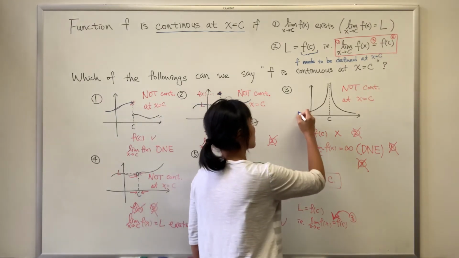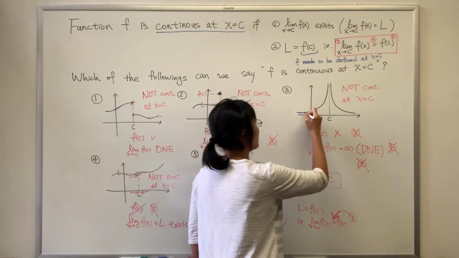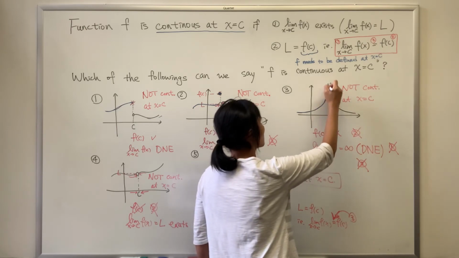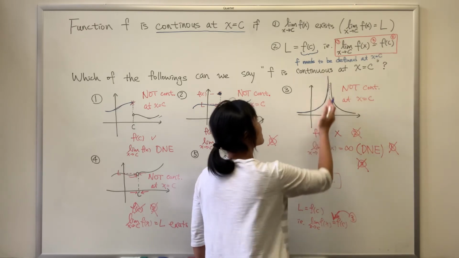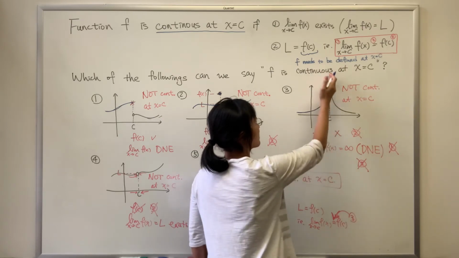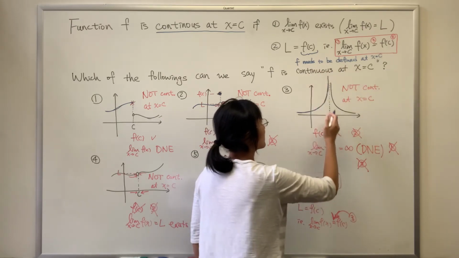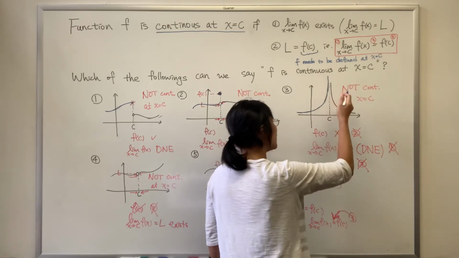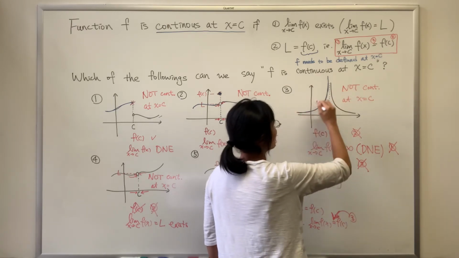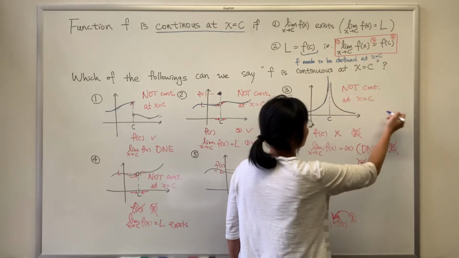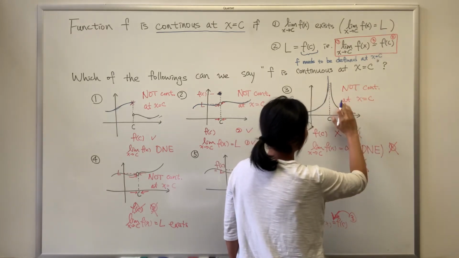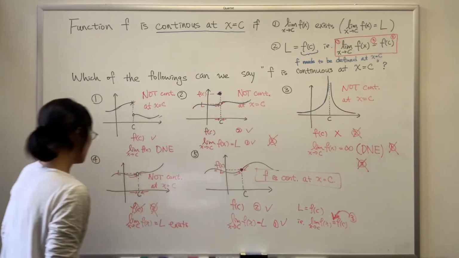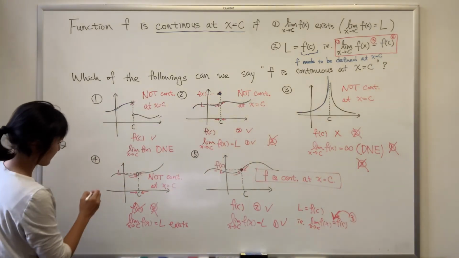Same for case 3. You can see if I travel from the left, as it keeps going up and up, I can never cross this dotted line. It's called the vertical asymptote. I can never cross this. So again, I can't just continuously travel to the right-hand side. Case 4.